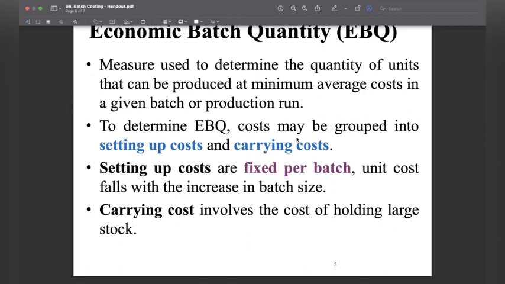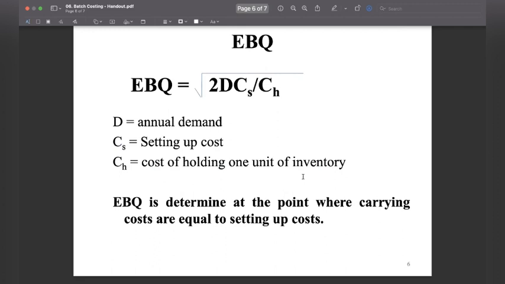components in the batch. I hope you remember the question that we did previously under batch costing. There, go and check the setting up costs per batch. It did not change. It was the same. It did not depend on the components per batch. Okay, so per unit, if you are dividing, then it might differ, but per batch setting up cost was fixed. Carrying cost involves the cost of holding large stock.